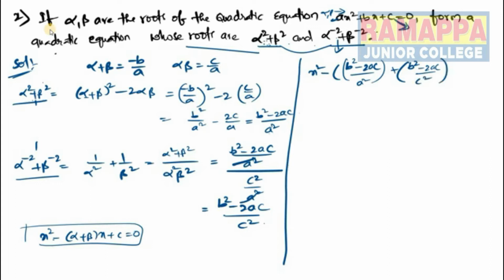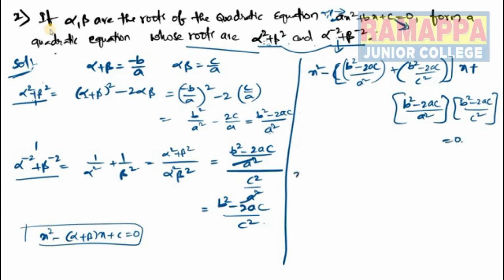So this is over here into x plus alpha beta. These two multiplied: b square minus 2ac divided by a square, into b square minus 2ac divided by c square, is equal to 0 here.